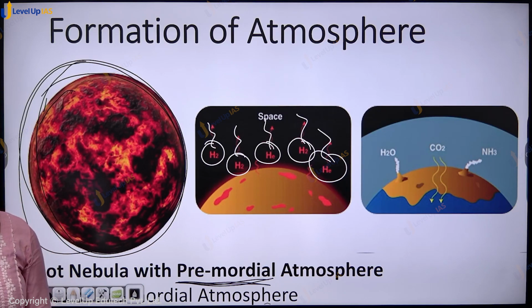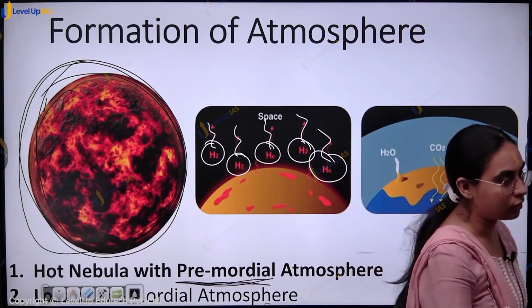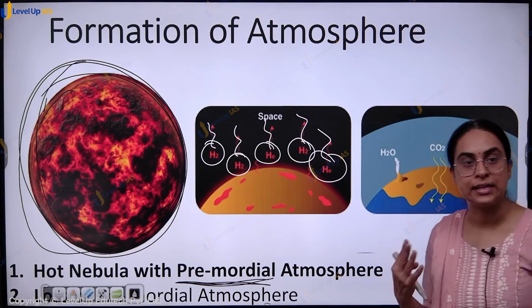So initially there was primordial atmosphere, then this primordial atmosphere was lost, hydrogen and helium was lost because of solar winds. At the third stage, the degassing stage.